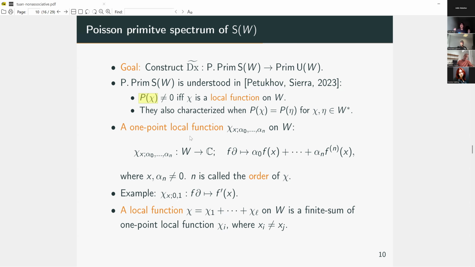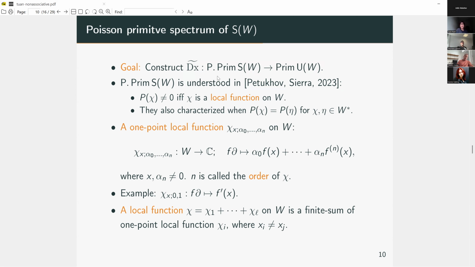And they also characterize exactly when you have the same ideal, P_chi equals P_eta, for chi and eta in W star. So what I'm saying is that this space of Poisson primitive ideals is well understood. And then once we have this map, hopefully we can pull back what we want to understand on the primitive ideals of U(g) from the Poisson primitive side.